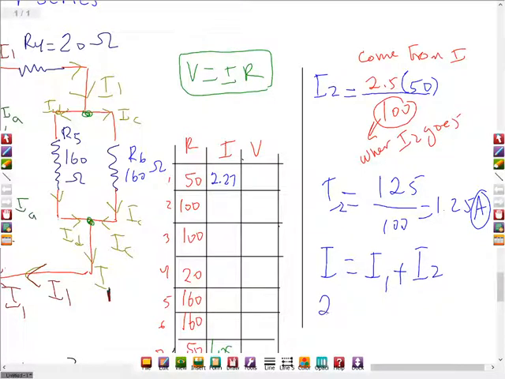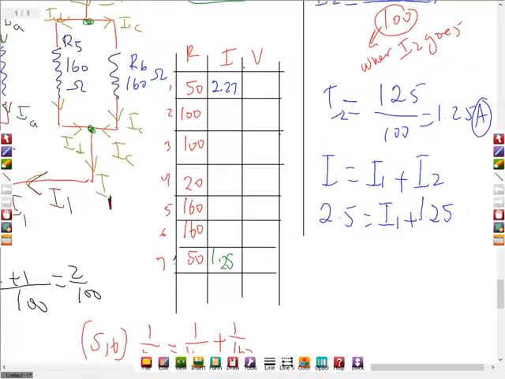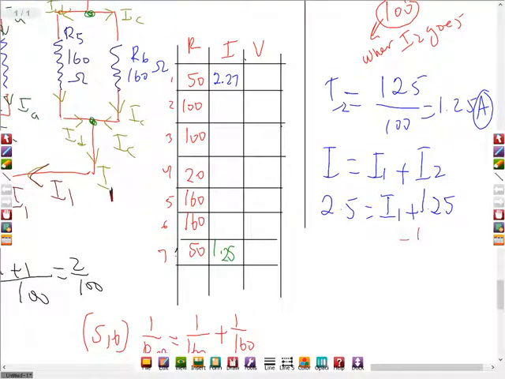And we know this guy is 2.5. We need I1 and I2. And I2 is 1.25. Solve for this: 2.5 minus 1.25. This cancels, 1.25 for I1.